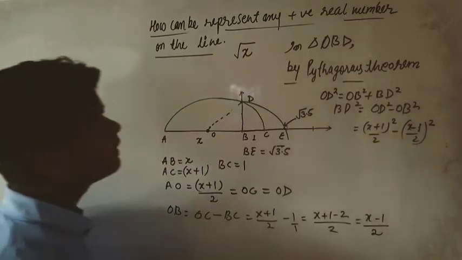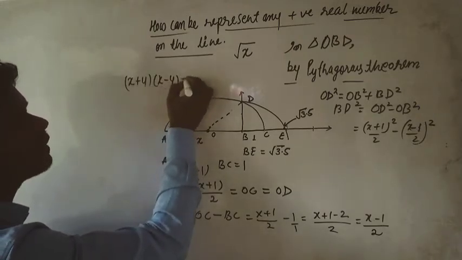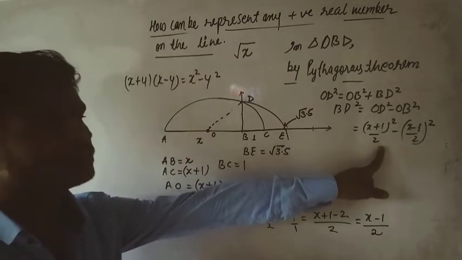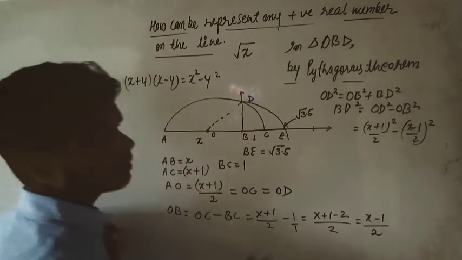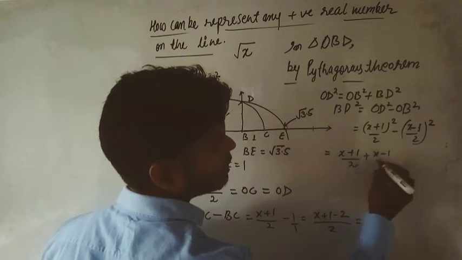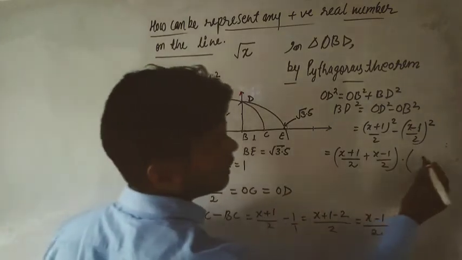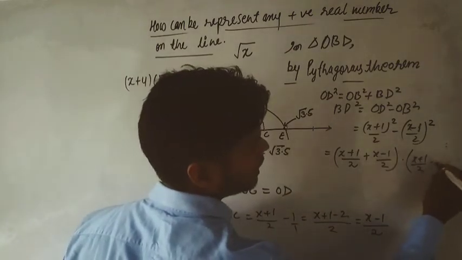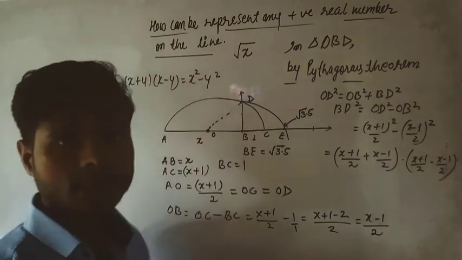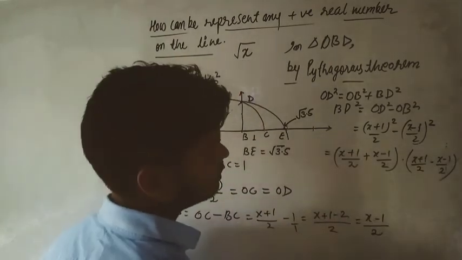We know an identity: (x plus y) into (x minus y) is equal to x square minus y square. We split this value in this form: ((x plus 1) by 2 plus (x minus 1) by 2) into ((x plus 1) by 2 minus (x minus 1) by 2). It is clear here? Now we solve it.